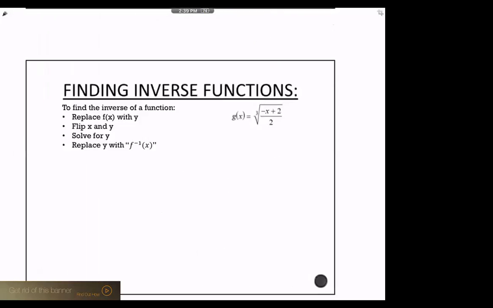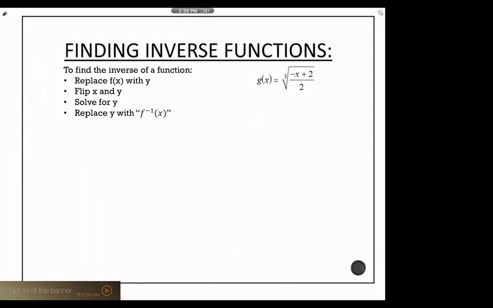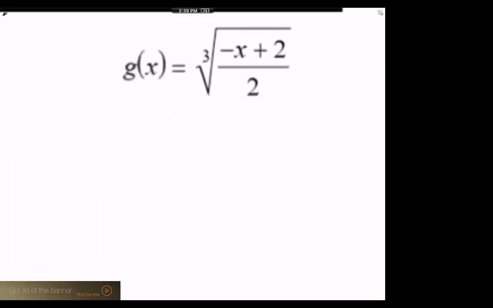All right, last one down here. We have a function g of x. So with g of x, we want to start off by replacing it with y.